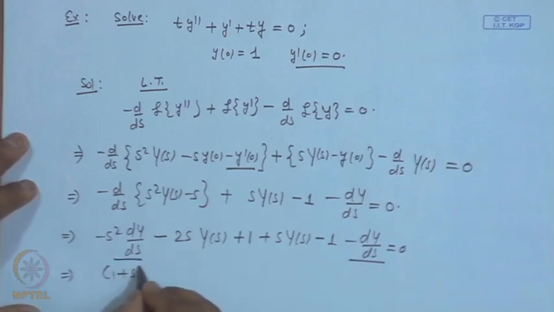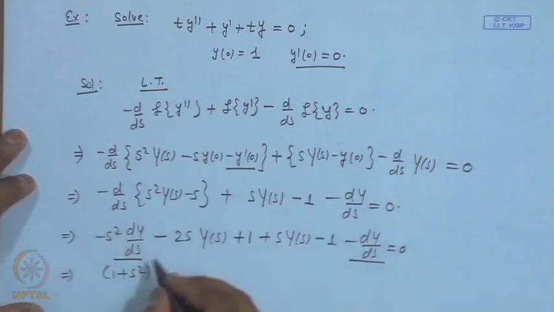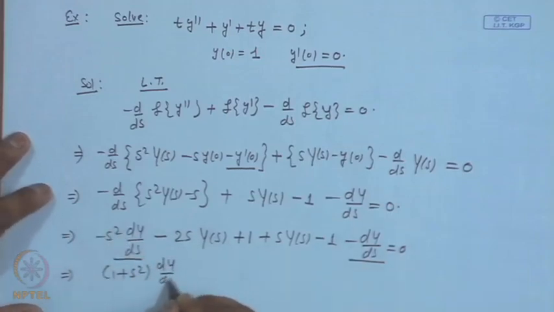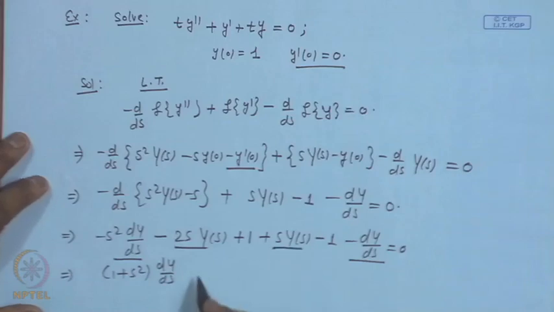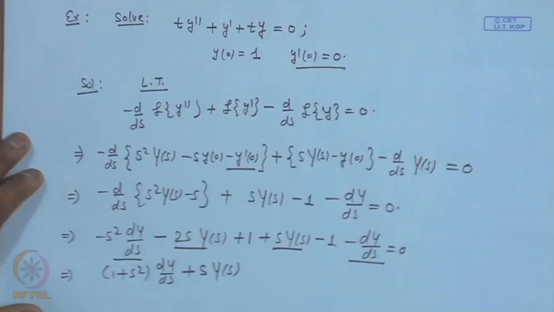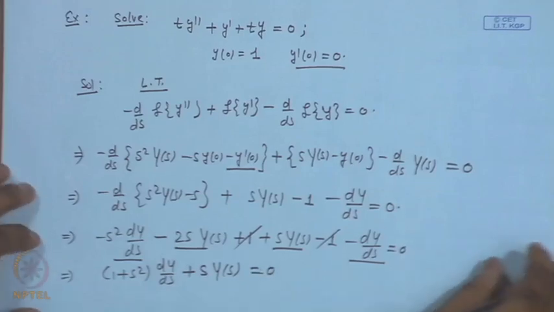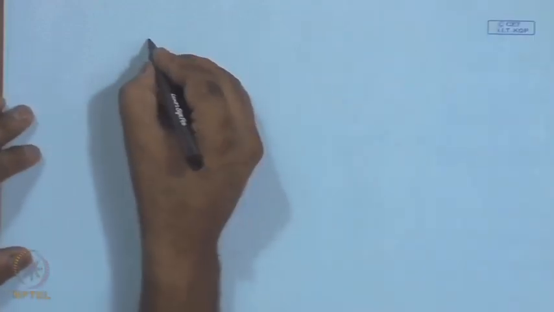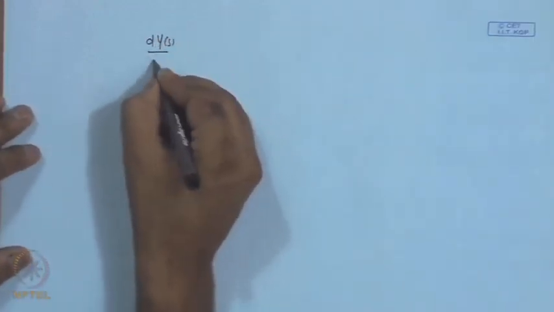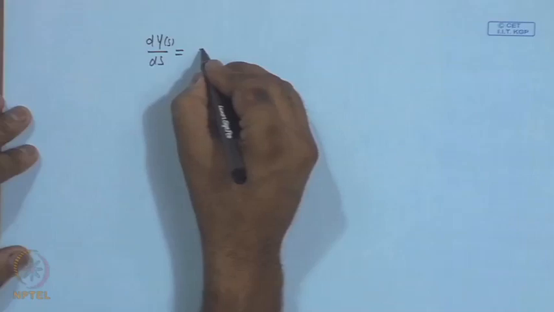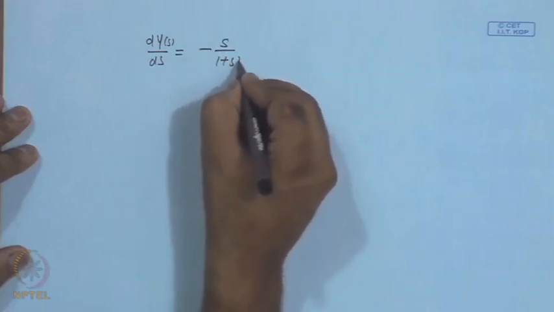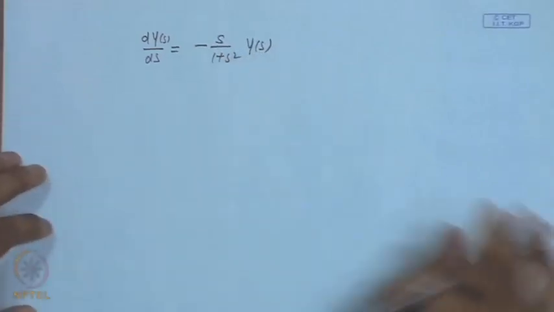We have 1 plus s square, let us multiply with the minus sign, so dY over ds, then here we have minus s Y(s). The s Y(s) terms anyway cancelled each other, and then we have is equal to 0. So, what we get, the differential equation, is dY(s) over ds is equal to minus s over 1 plus s square times Y(s), and this we can easily solve.